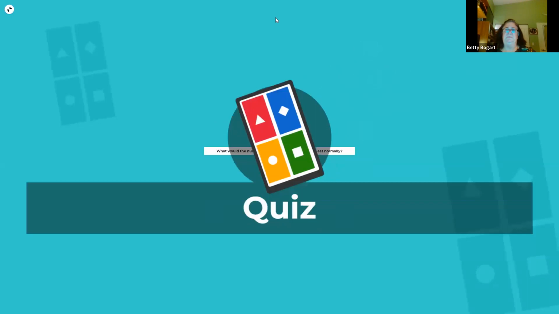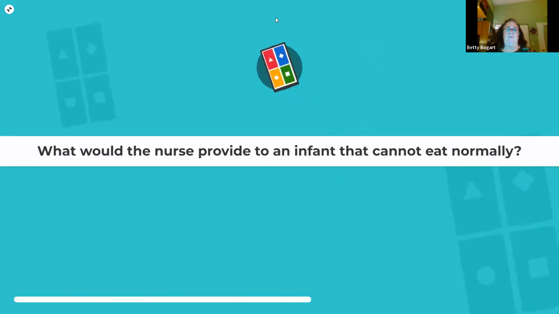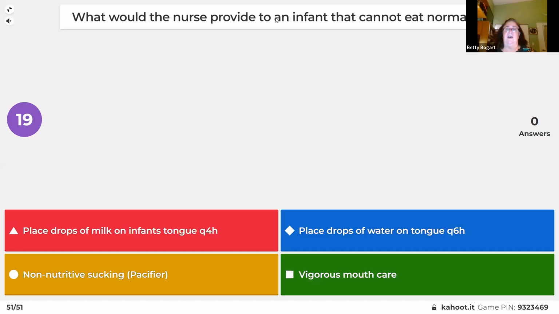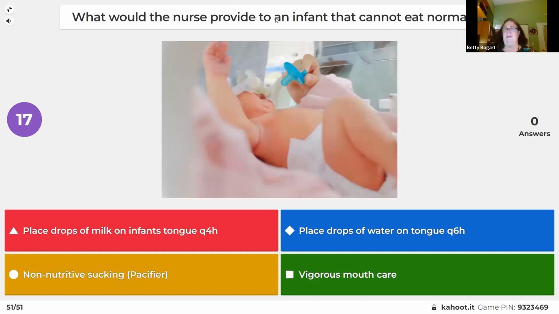What would the nurse provide to an infant that cannot eat normally? Well, we mentioned a lot of things here. We've had cleft lip, cleft palate. We've talked about esophageal atresia. We've talked about tracheoesophageal fistulas, things where they're not going to eat.